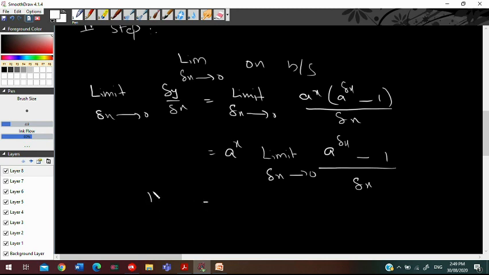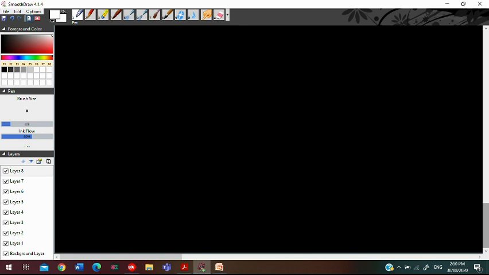Now the theorem which we are going to use here is that limit h approaches 0 of (a power h minus 1) divided by h is equal to 1.